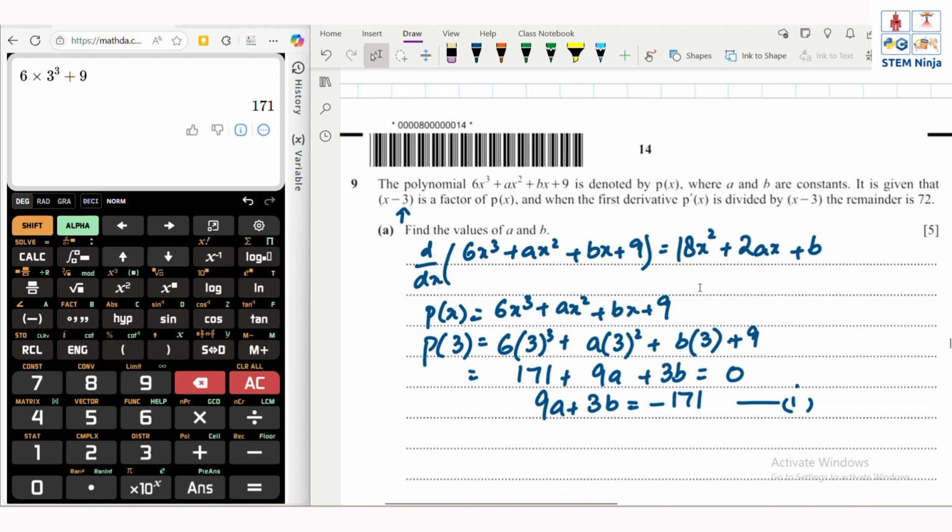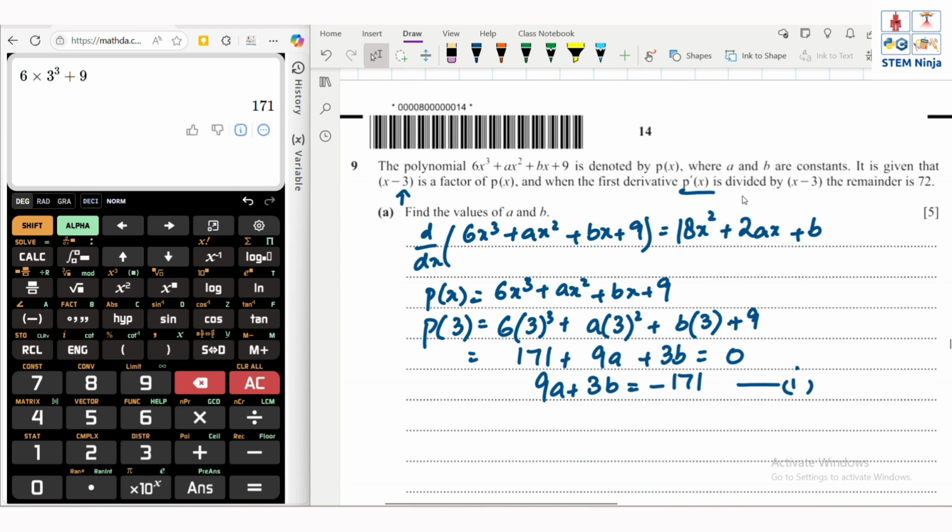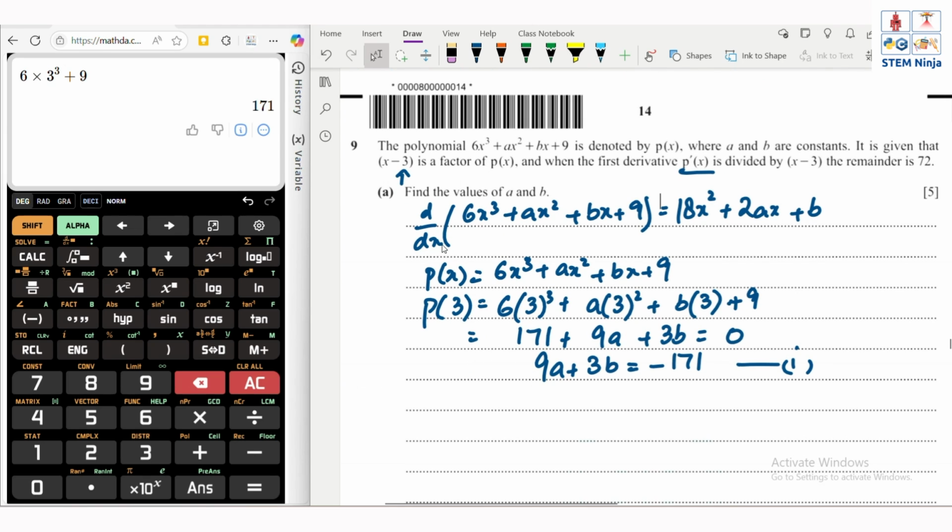We need to find the second equation that's going to come from this. So now p dash of 3, which is this function, 18x squared plus 2a times 3 plus b equals 72, because the remainder is 72.